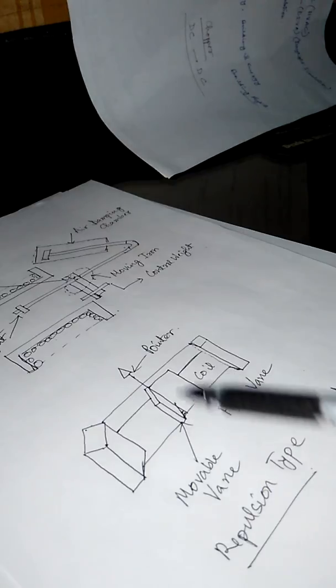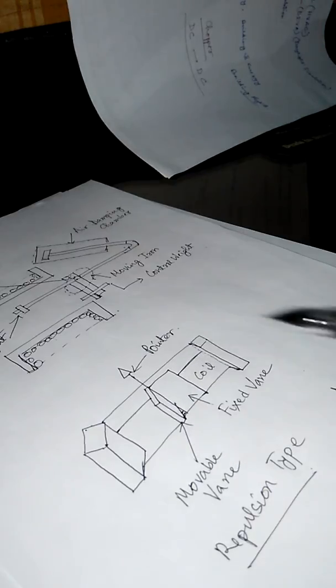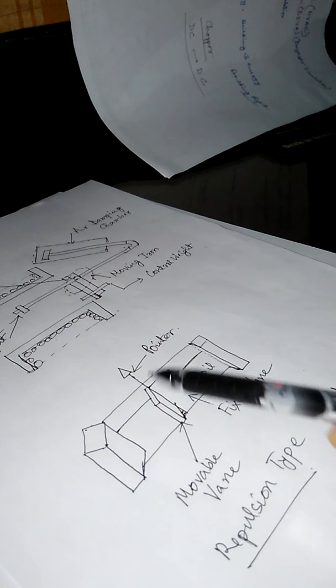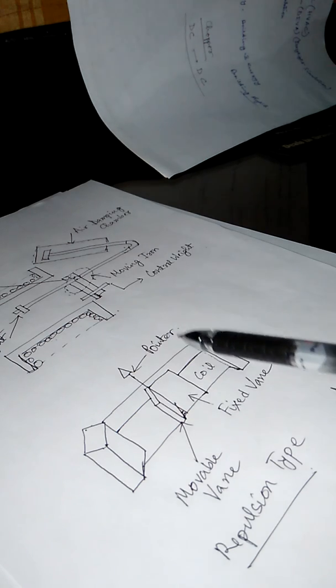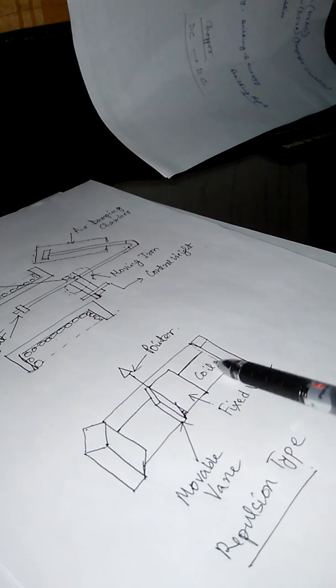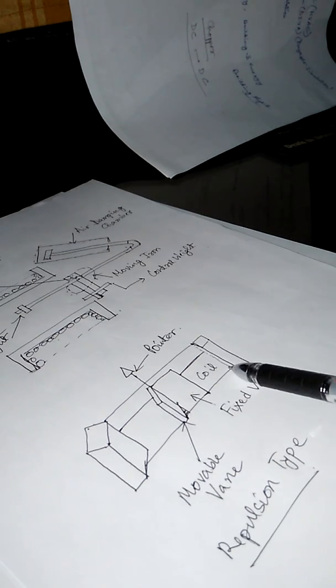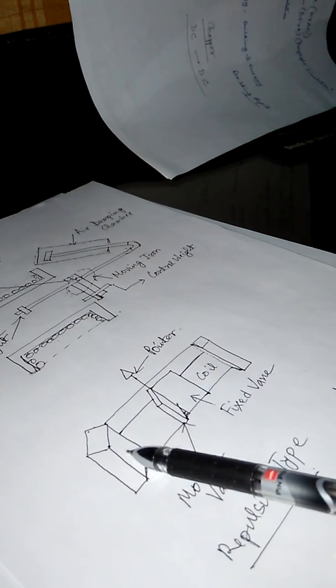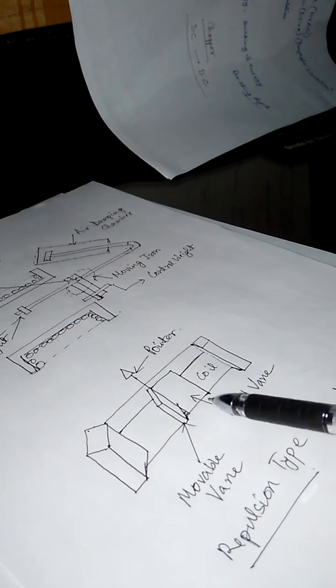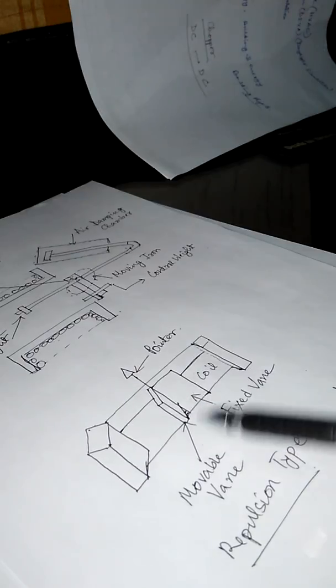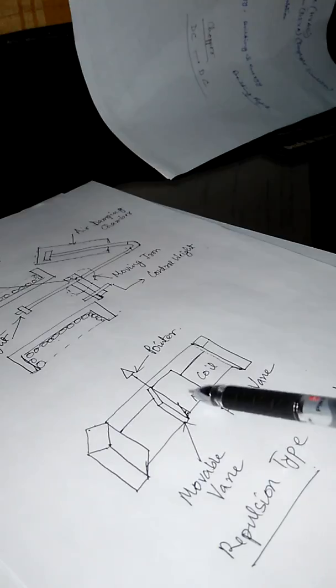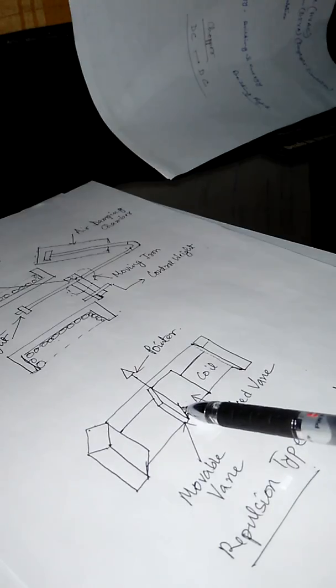That means there are two iron pieces. Similarly, when the current is flowing through the electromagnetic coil, it is going to magnetize, and in turn it induces magnetization in these two iron pieces. This is the fixed vane part, and that is the movable vane part of the iron.